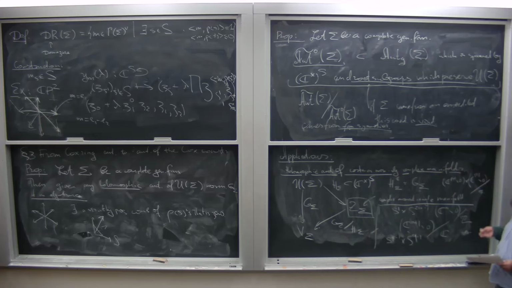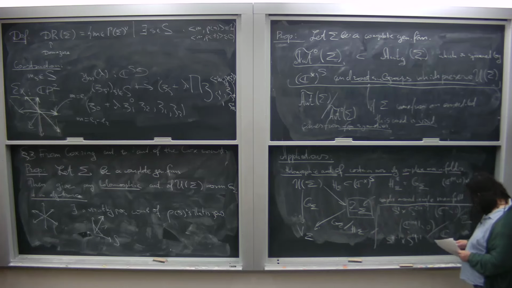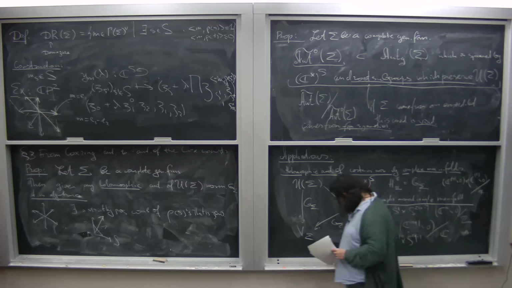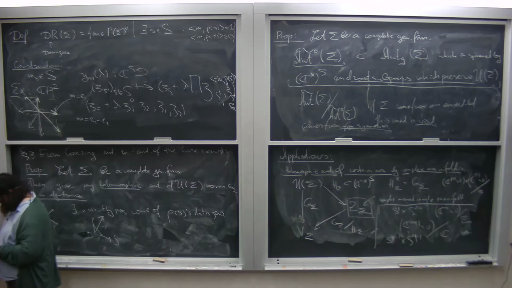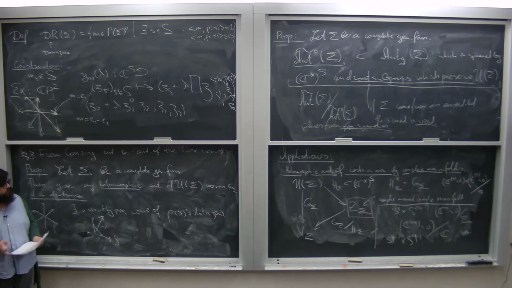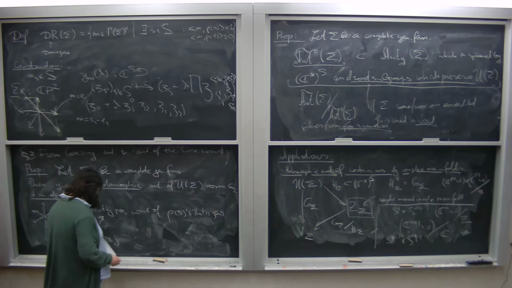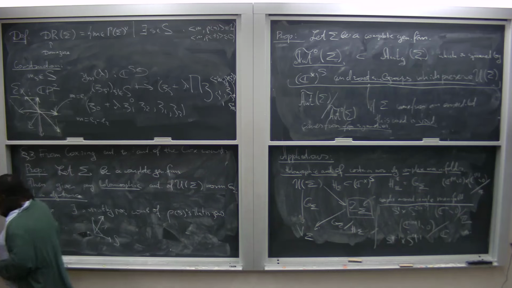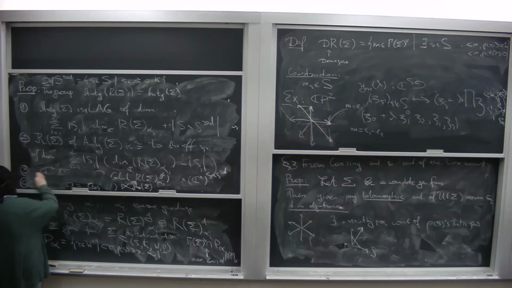Or if the data gives you some irrational fan, they fiber over some toric stack, which is not necessarily an algebraic variety, but still has the structure of a toric stack. So these are some examples, and now let me apply this theory to calculate their automorphisms.